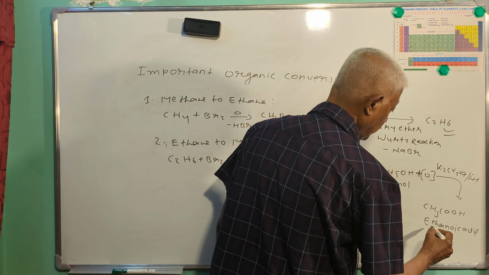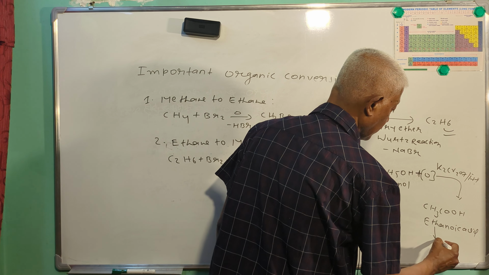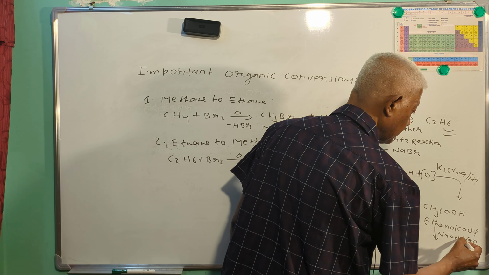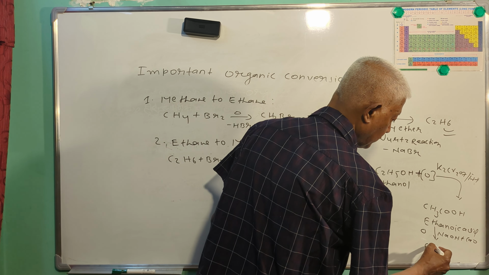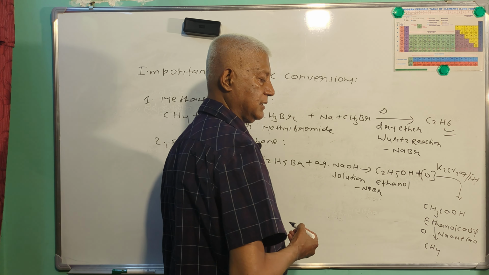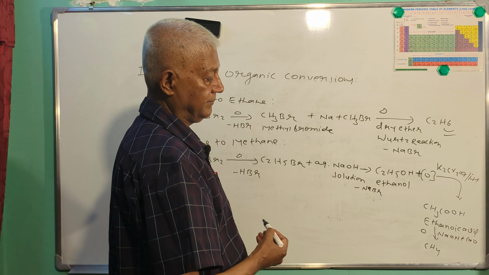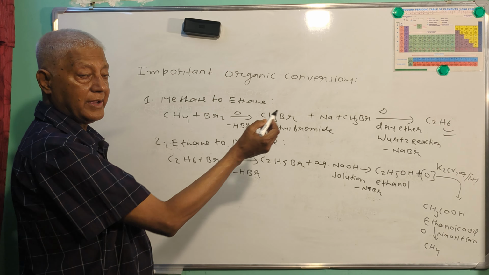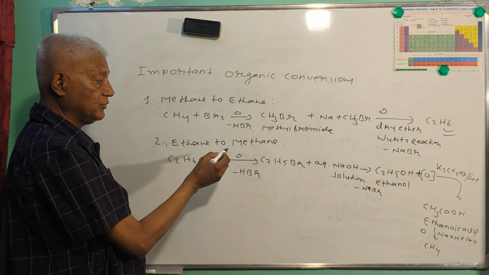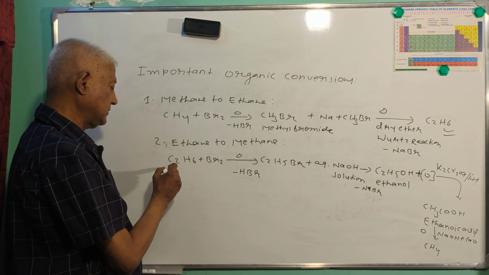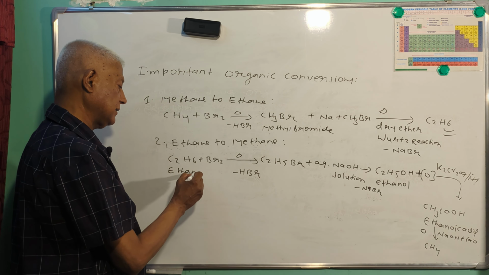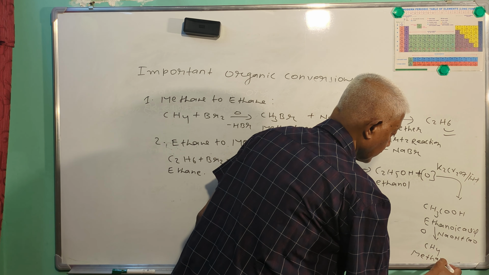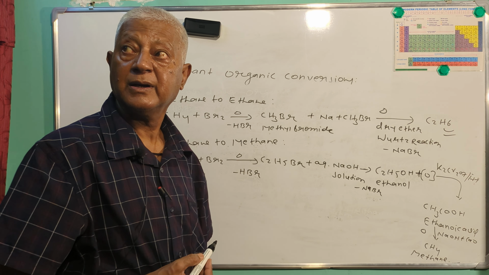Now this is treated with soda lime, which is a mixture, and when heated we get CH4, methane. So in the earlier case, methane to ethane, is lower to higher. In this case, ethane to methane, we have to decrease the carbon.